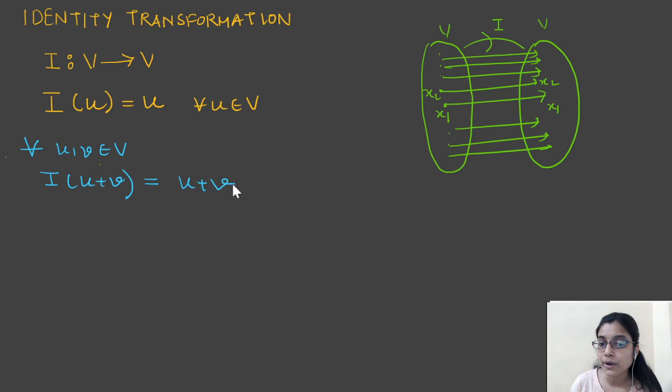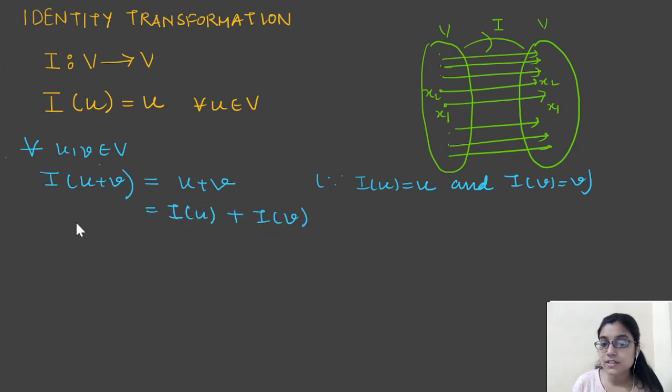Also, since u is in vector space V and v is in vector space V, I of u is equal to u and I of v is equal to v. So now you can substitute it like this, u is equal to I of u and v is equal to I of v. So our first condition is being satisfied.